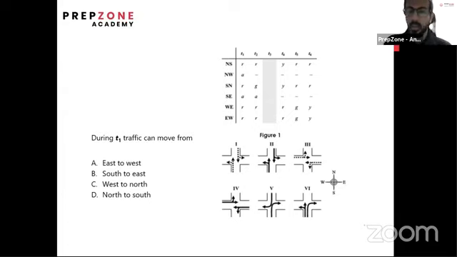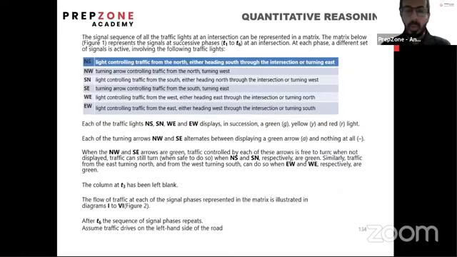So that's figure 1 and figure 2 at the bottom. This typical question is basically giving you the directions, and it's giving you traffic light signals, and it's giving you the arrows to where to turn basically, and they have given you what the abbreviations are for NS, NW, SN, SE, WE, EW, right?